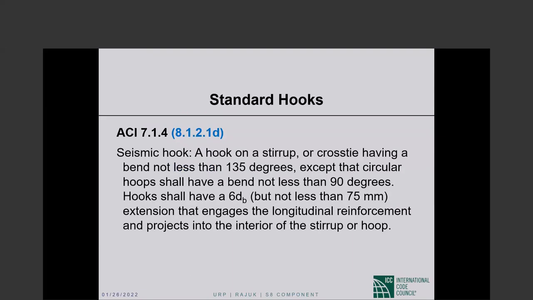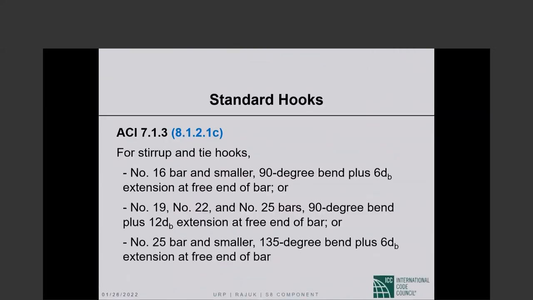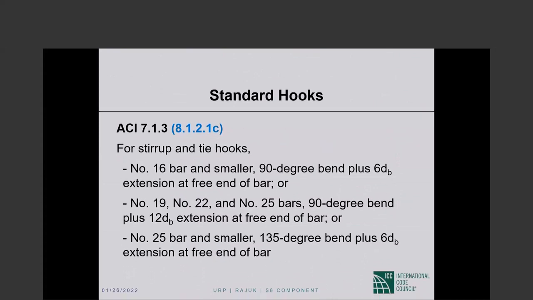A hook on a stirrup or cross tie having a bend not less than 135 degrees, except that circular hooks shall have a bend not less than 90 degrees. Hooks shall have a 6-bar diameter extension, but not less than 75. So the main thing I should have pointed out is the standard hook on longitudinal bars versus the standard hook on stirrups and ties. Okay, somewhat different.